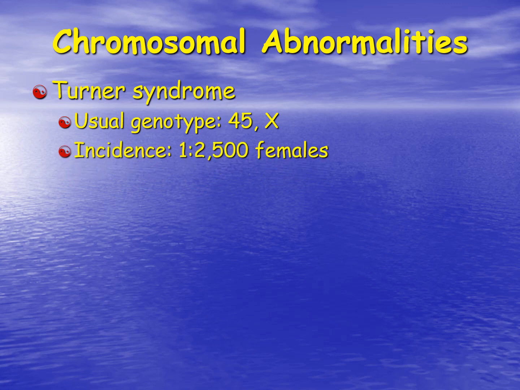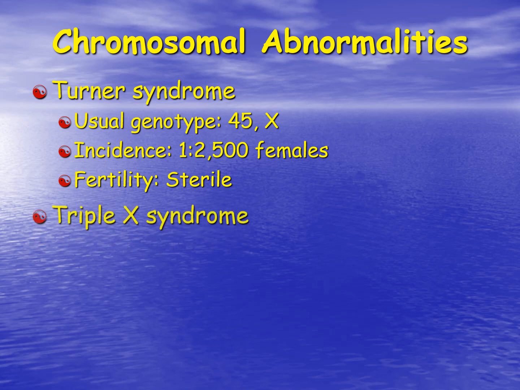Incidence occurs in about 1 out of every 2,500 genetic females. And again, they're oftentimes sterile or infertile, simply because 45 is not an even number. And again, I said it's better to have too much genetic material than not enough.